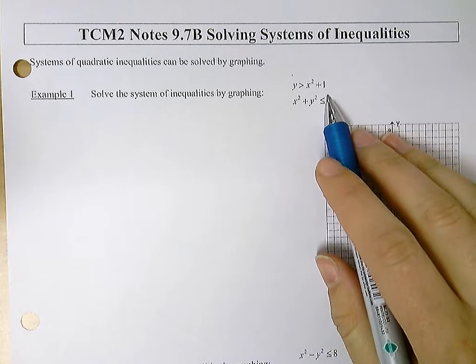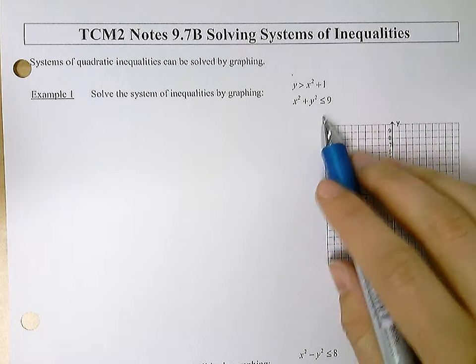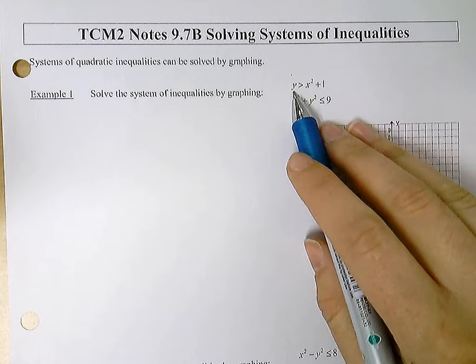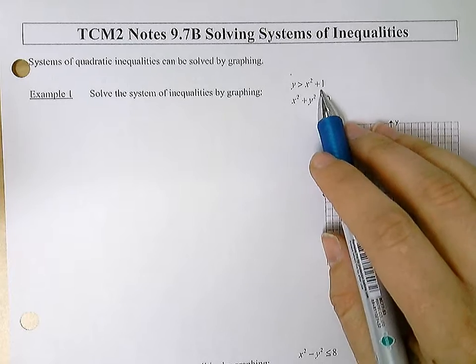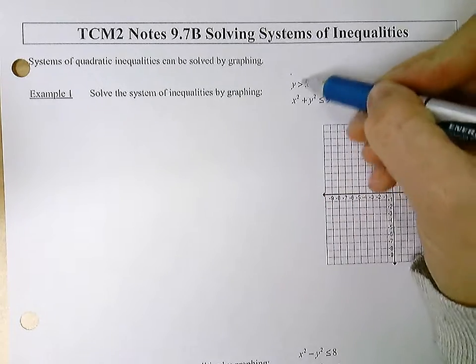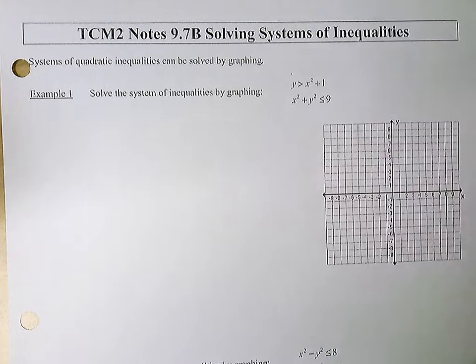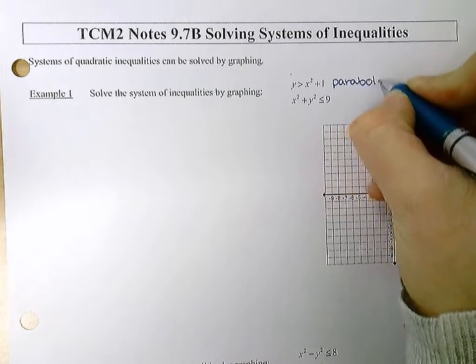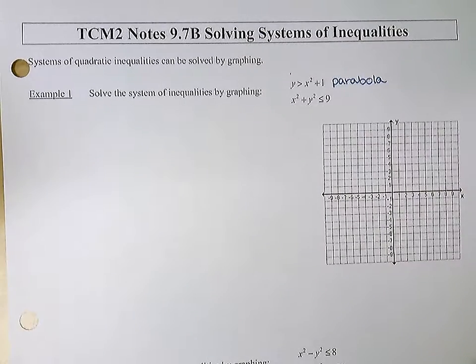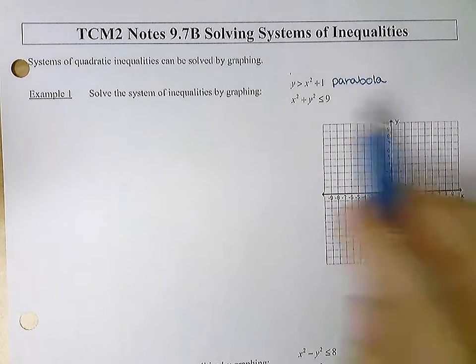We have to first identify what type of equations we have. Okay, so I have y is greater than x squared plus 1. If one of those variables has a squared value, that is a parabola. Okay, so I have a parabola.